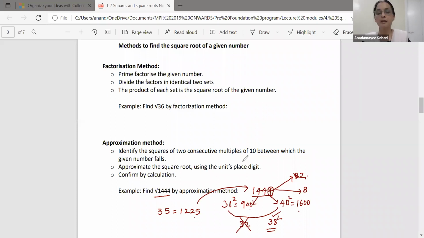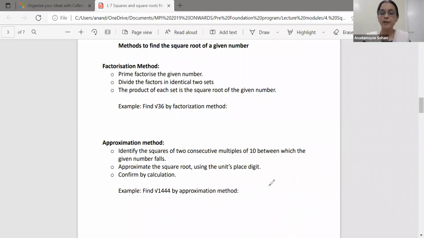For whatever given number, now let us do it for our 4356. Root of 4356. This is called the approximation method. Now we know it is 66 square. So 60 square, 3600, and 70 square, 4900. 66 falls between these two.